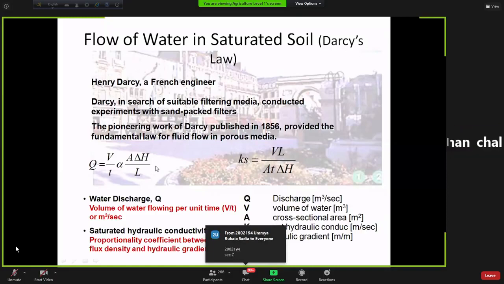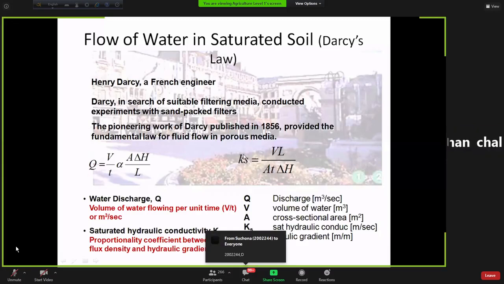Okay, now can we write this equation? Can we derive this equation from this one here? If we say there is a proportionality, right? Proportional. So if we remove this proportional sign using a proportionality coefficient, Ks, we can put it in its place.